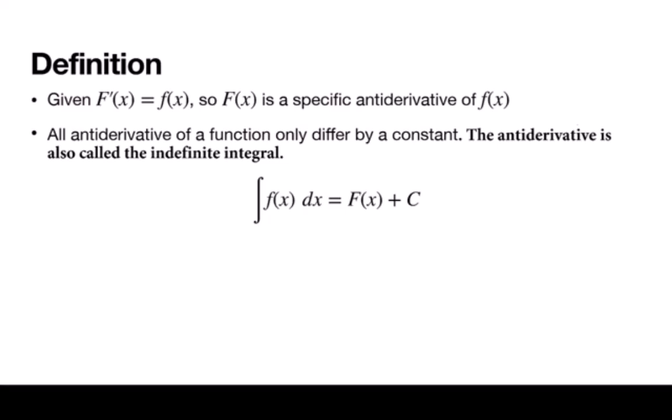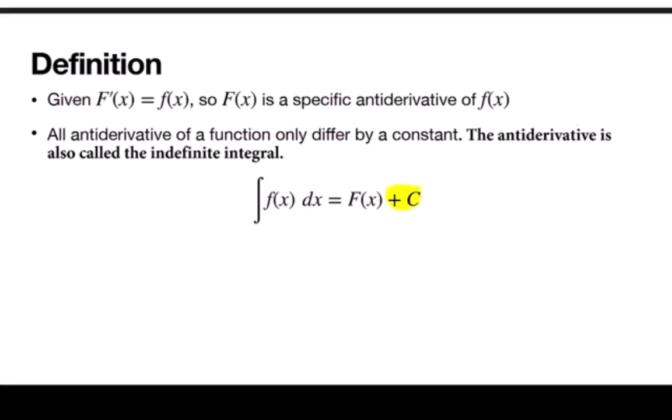All antiderivatives of a function only differ by a constant. We saw that in the last slide. The antiderivative is also called the indefinite integral. They're exactly the same. If somebody calls something the antiderivative, someone calls it the integral, they mean the exact same thing.